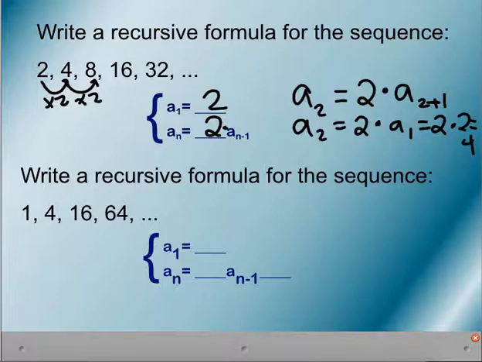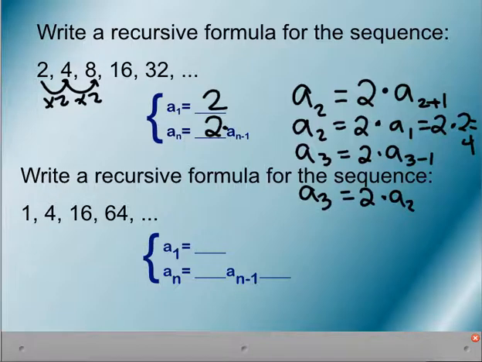And I could do a sub 3, which is 2 times a sub 3 minus 1, which means I need 2 times my second term, a sub 2, which we found was 4. So that's just 2 times 4, which is 8, which is exactly what we have in our pattern.